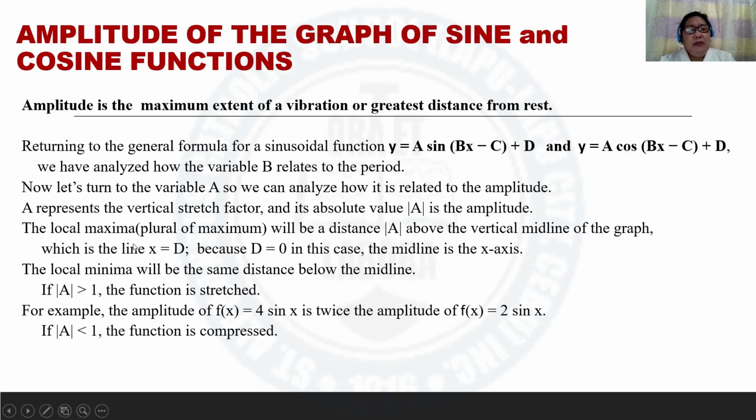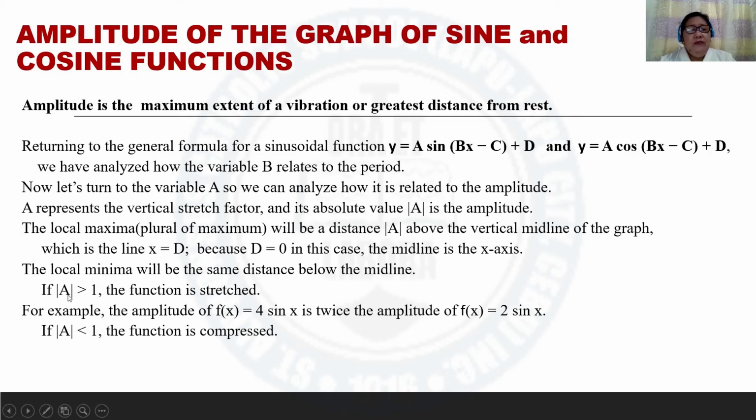The local maxima, the plural of maximum, will be the distance of the absolute value of a above the vertical midline of the graph, which is the line y is equal to d, because d is equal to 0. In this case, the midline is the x-axis. The local minima, the plural of minimum, will be the same distance below the midline.